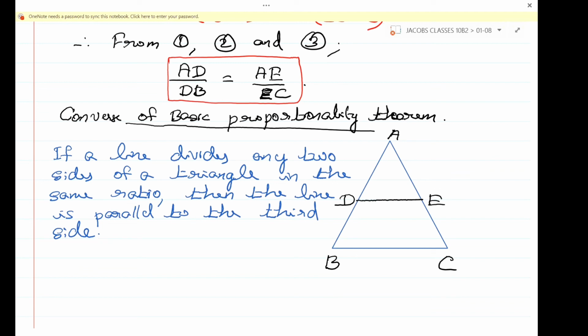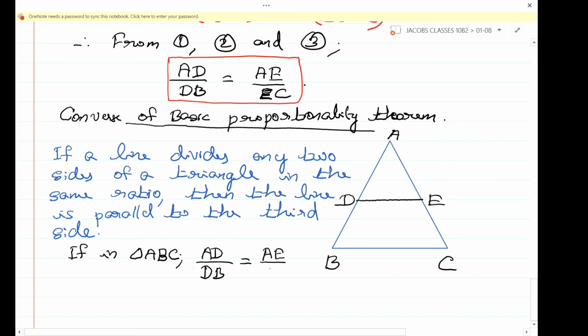Which means we can write like this: if in triangle ABC, AD by DB is equal to AE by EC, then we can conclude like this: then DE will be parallel to BC.